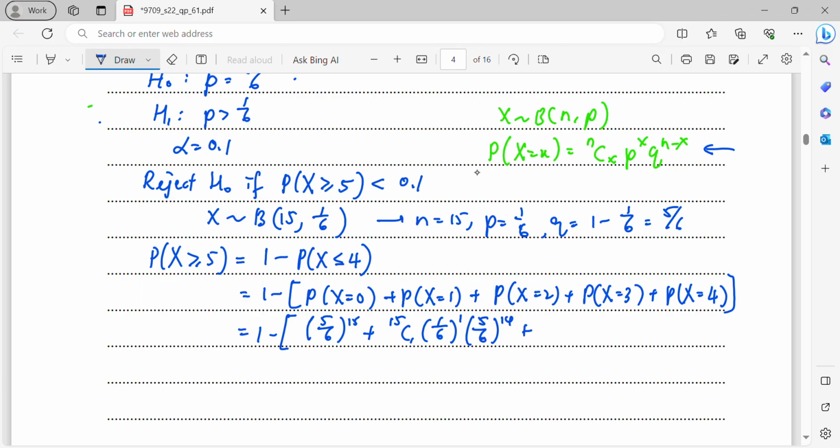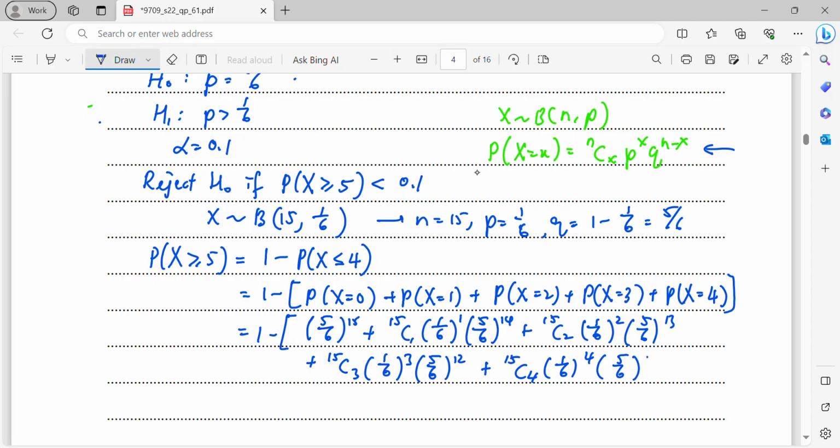And so on: 15C2 (1/6)^2 (5/6)^13, plus 15C3 (1/6)^3 (5/6)^12, so that it will be a total of 15 for the power. Then 15C4 (1/6)^4 (5/6)^11.